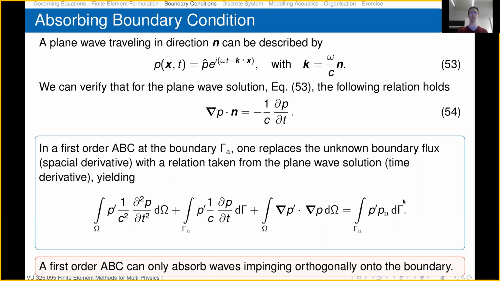So if we have oblique incidence angles, this will not work as well, since only the normal component can be absorbed due to the assumption we have taken in the absorbing boundary condition, which is a plane wave traveling in normal direction n of the boundary.